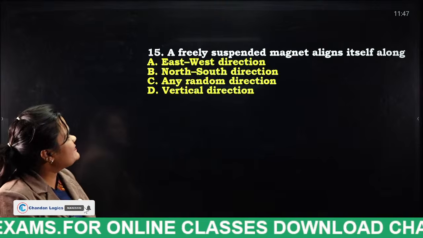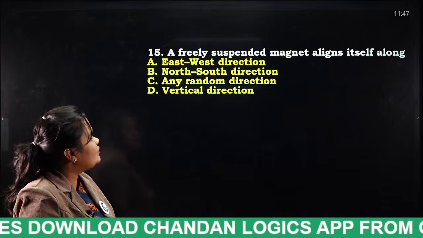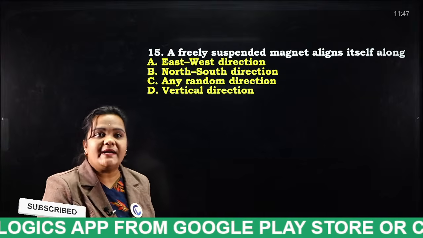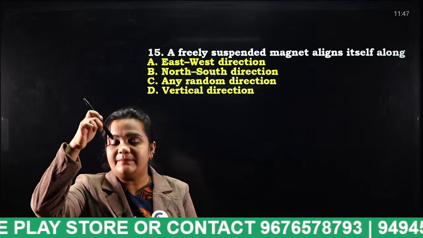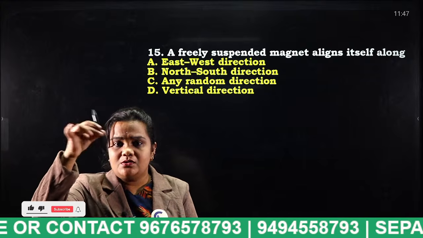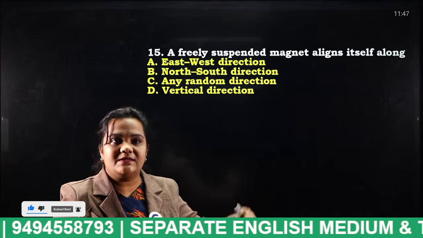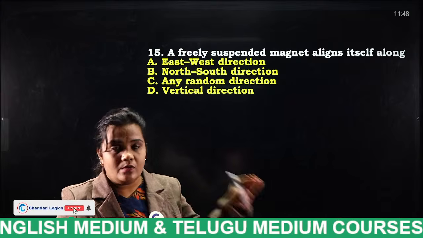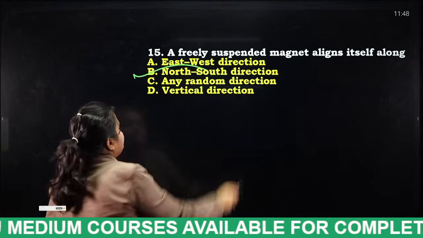A freely suspended magnet aligns itself along the east-west direction, north-south direction, any random direction, vertical direction. I have already explained this also. If I suspend a magnet freely, automatically which direction will it take? That property is known as directive property. Very good, north-south direction.